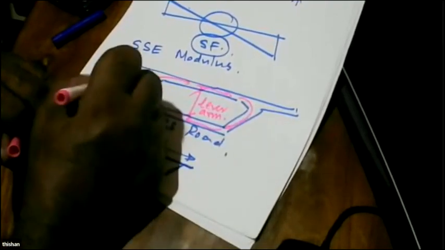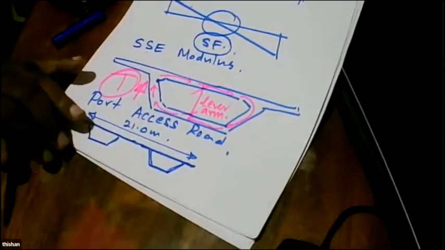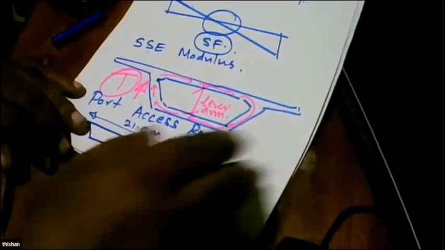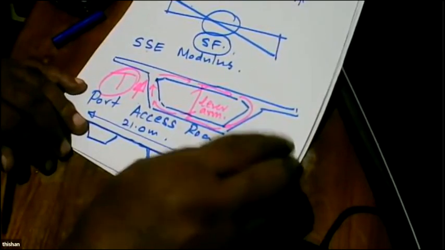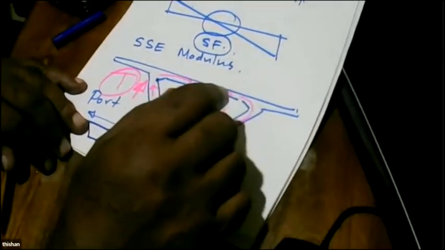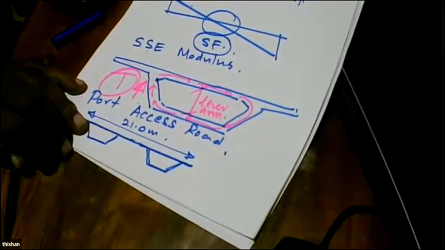So the torsional moment carrying capacity of these sections is very high. So when you are using this in a highway bridge, these beams can be subjected to a certain amount of torsion, and these box girders are super strong in carrying torsion.